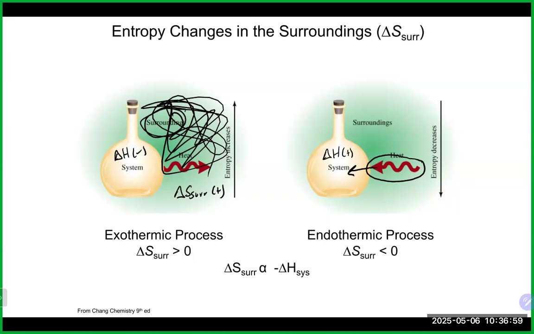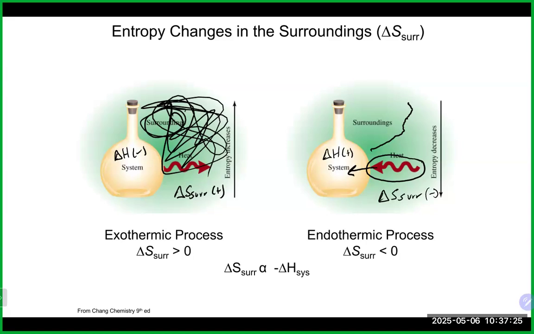If you think about the surroundings like gas molecules, they would now be flying around, drawn here, a lot slower, right? They're going to be moving a lot slower, with a lot more order. That's going to cause the surroundings to become more ordered because they have less energy, and we would expect the delta S of the surroundings in this situation to be a negative value.